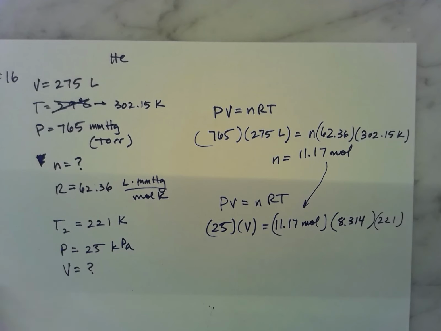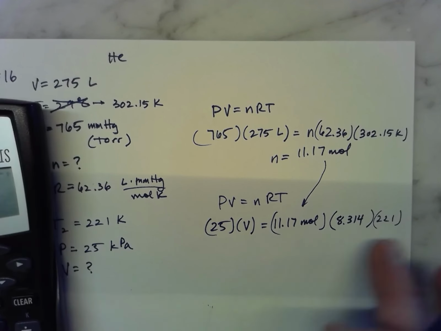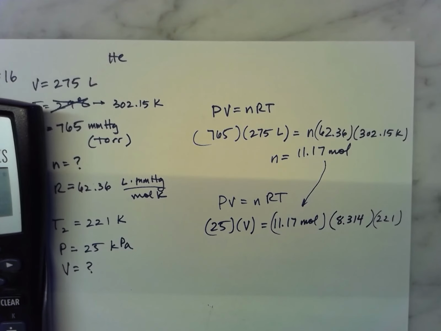Okay. And so then it's that multiplied, divided by 25. 8.314 times 221 divided by 25. We should have volume should be 820.6 liters.